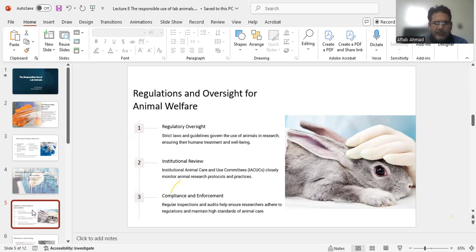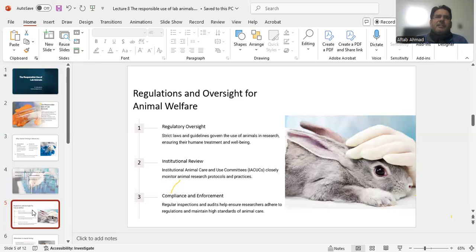In all developed countries, whatever research you do on animals, there are very strict guidelines for working with animals, like all the care, where you keep those animals, and how they are treated. We are also going to learn this in this lecture, that there are very strict regulations if you have to use any animal.